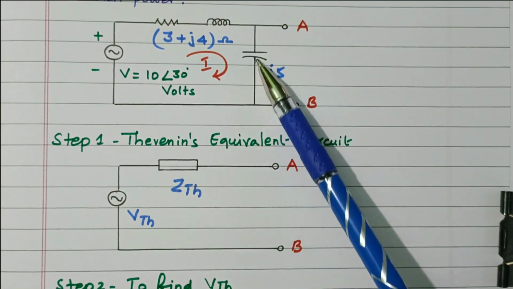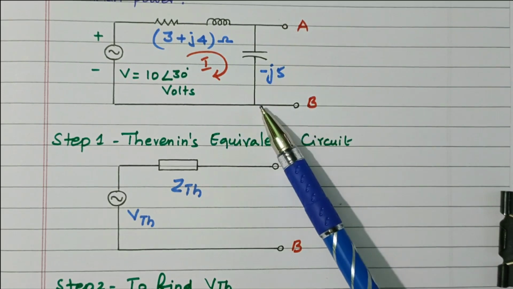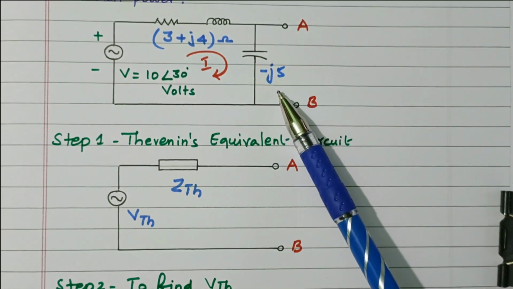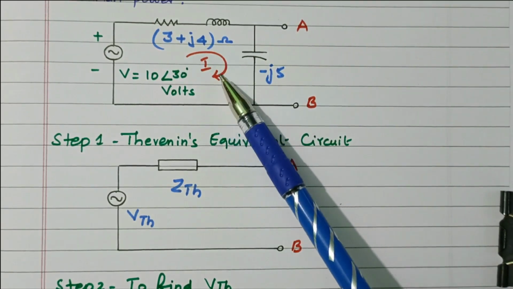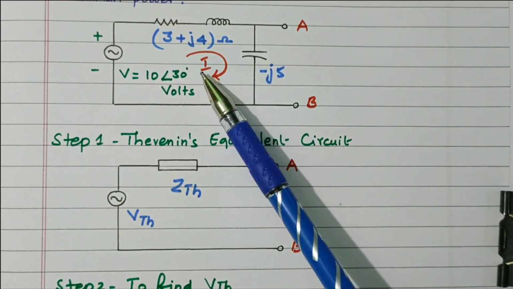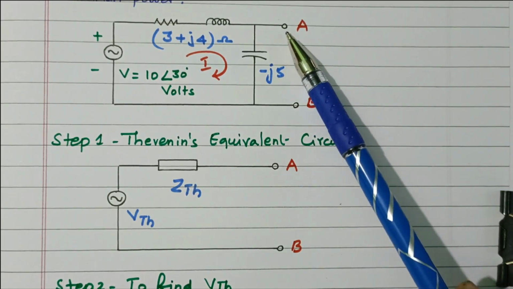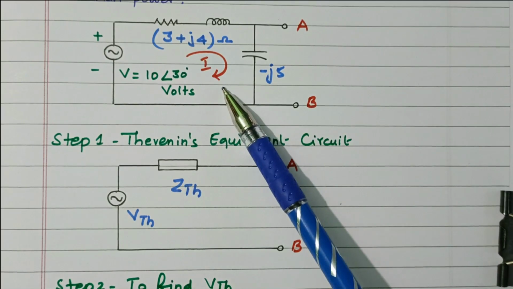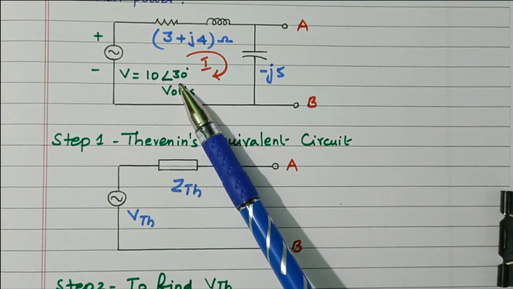That is nothing but the voltage across this capacitor, because both are connected in parallel. So the voltage across the capacitor V equals I into Z, and the Z value is minus j5. We need the I value, the current flowing through this capacitor. I equals V by Z. V is 10 volts with an angle 30.